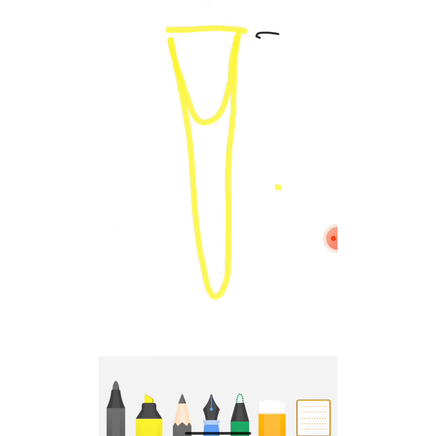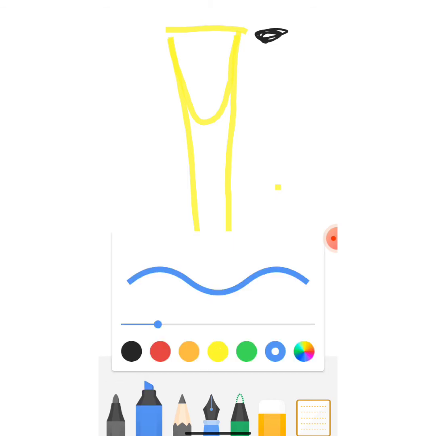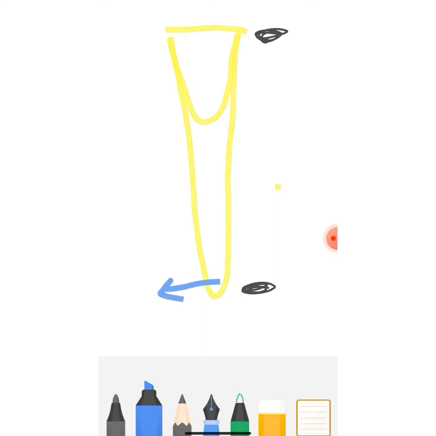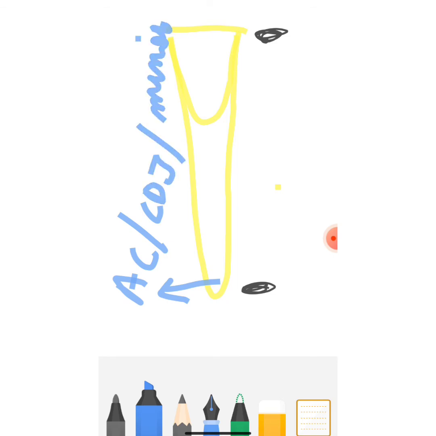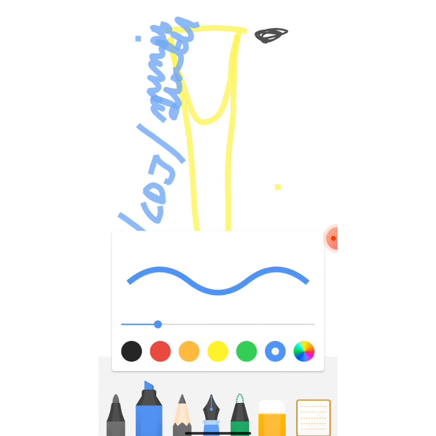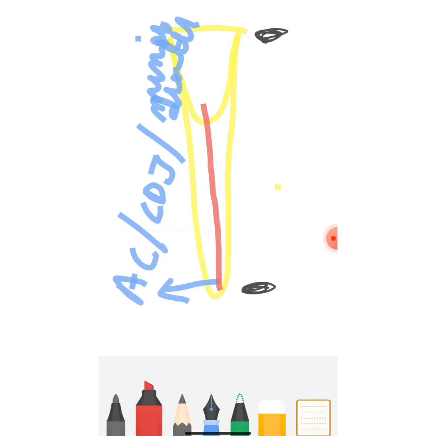Working length is the distance between the coronal reference point and the point where the canal preparation or obturation should terminate, and that very point is the apical constriction, CDJ, or minor diameter. So this is the working length.